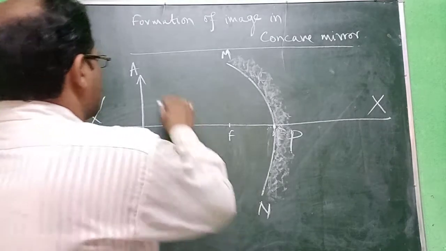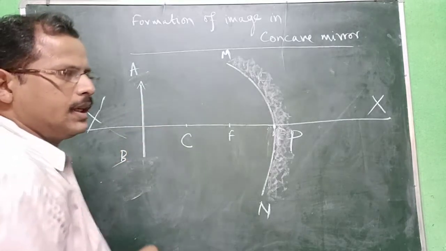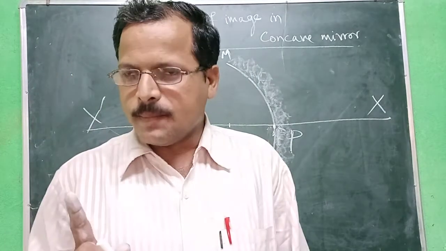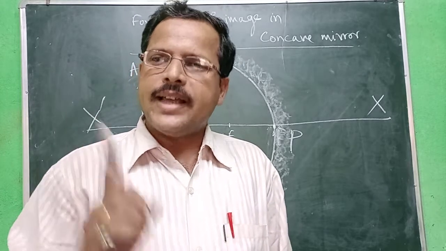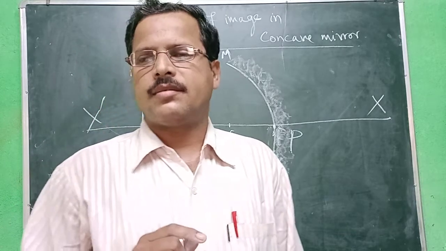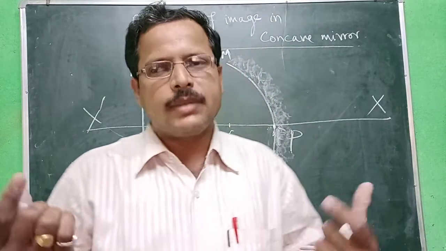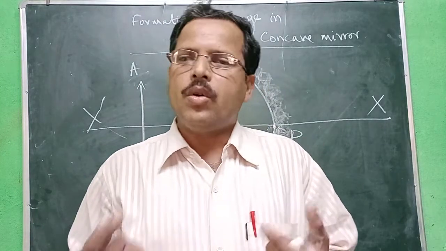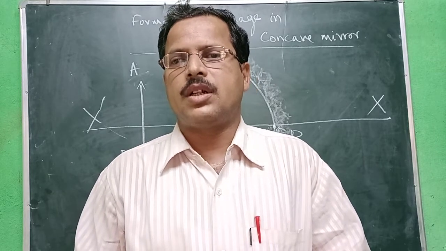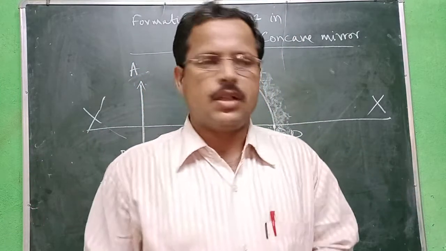One important point: when an object is placed at infinity, the rays coming from the object are always taken as parallel rays, because of the position at infinity.